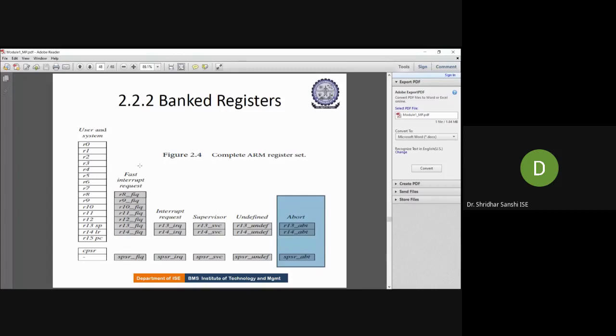Based on the mode of the processor, these registers are available. Any doubt here?